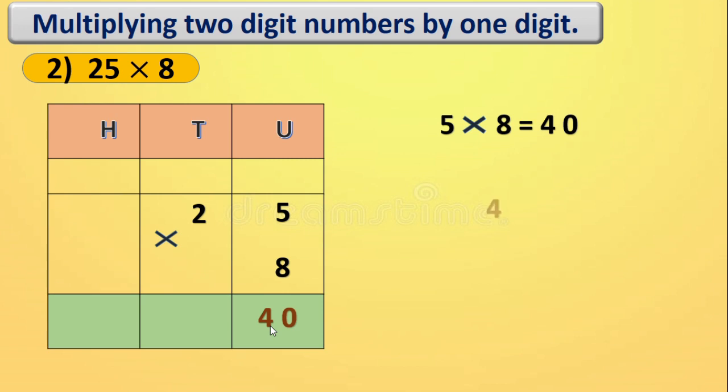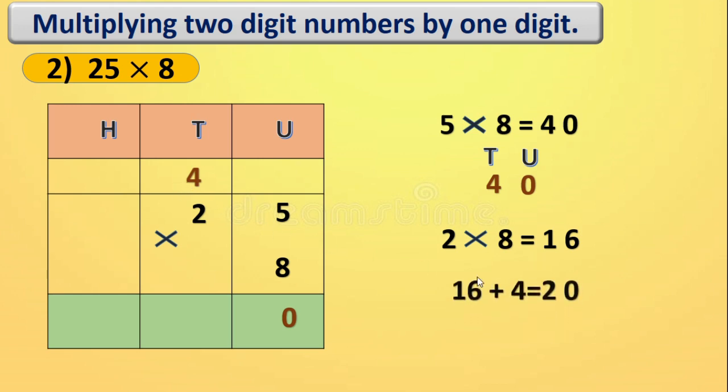4 is here, 40 again. See here 0 in the unit place and 4 in the tens place. So 0 will remain here and 4 is carried over to the tens place or tens column. Okay. Now 8 twos are how much? 16. Now 16 plus 4 is equal to 20.